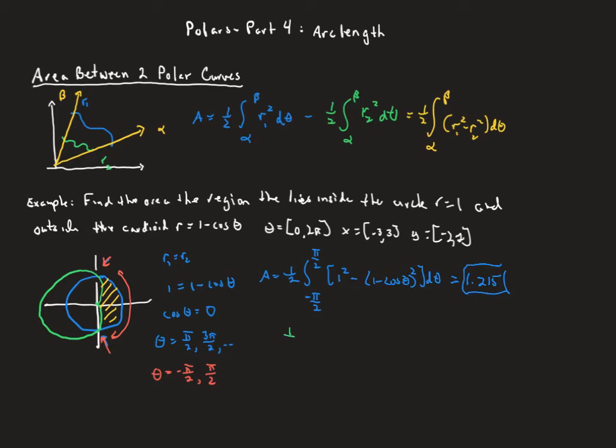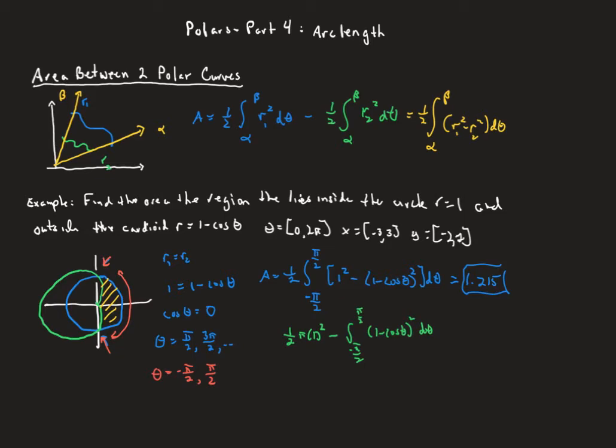And so you could have done 1/2 pi r squared for the blue, the region between the blue and the y-axis, and then just subtract off the cardioid, 1/2 the integral of 1 minus cosine theta squared d theta. That would have worked as well.